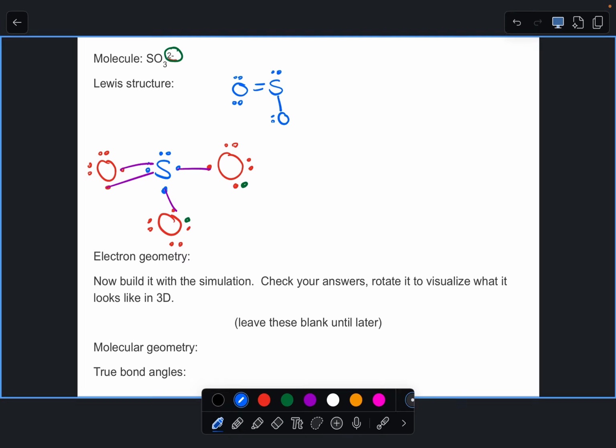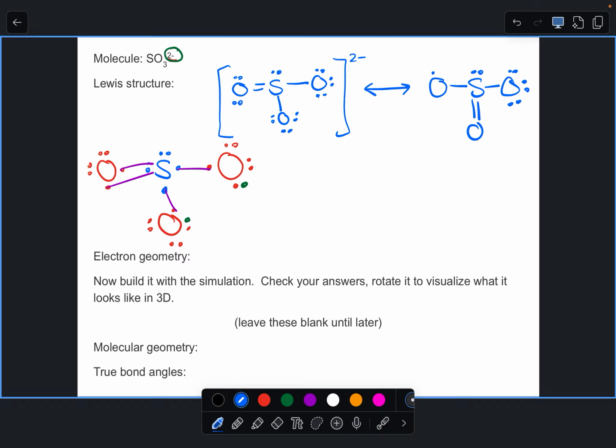Okay, so once you have a Lewis structure, go ahead and check against mine. Again, I added the 2 extra electrons in green. Remember, when there's that negative charge, they just kind of appeared from nowhere. We don't care where they came from, but they are now part of the structure, so you need to add them on there. Another thing that's interesting about this one is that it does have resonance structures.